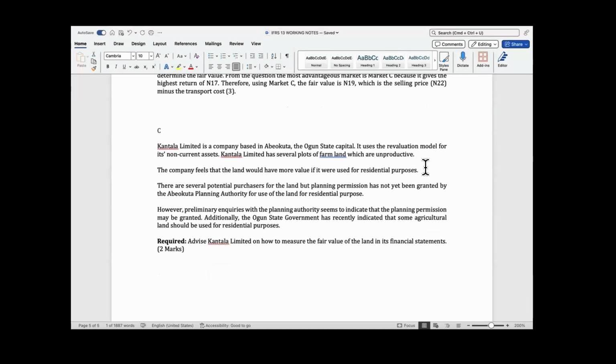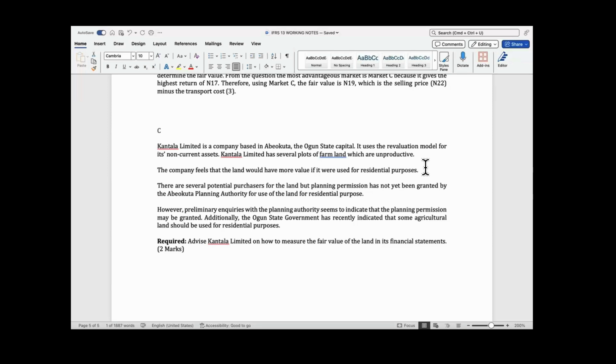Can somebody read this one? Because this one too is on fair value. Okay, Kantala Limited is a company based in Abeokuta, the Ogun State capital. It uses the revaluation model for its non-current assets. Kantala Limited has several plots of farmland which are unproductive. The company feels that the land would have more value if it were used for residential purposes.